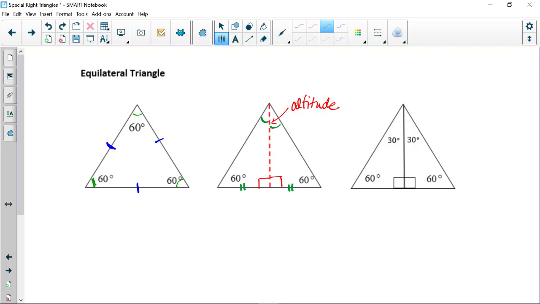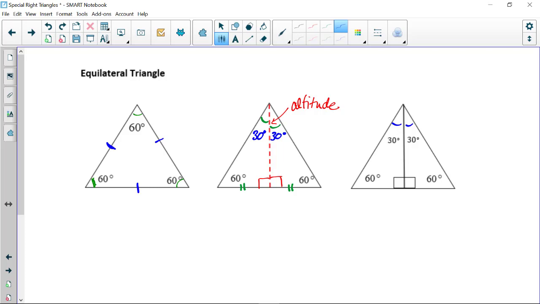So if that top vertex was 60, then now those two angles are 30 degrees. So what I've created then is two congruent, meaning the same, 30, 60, 90 right triangles.